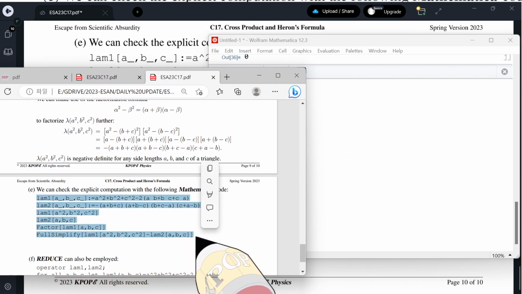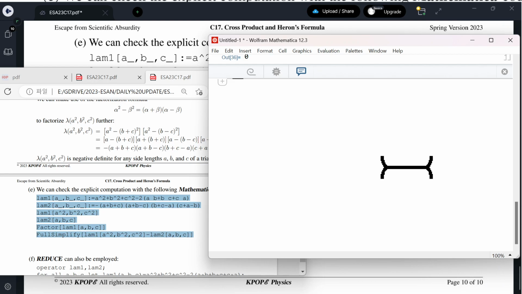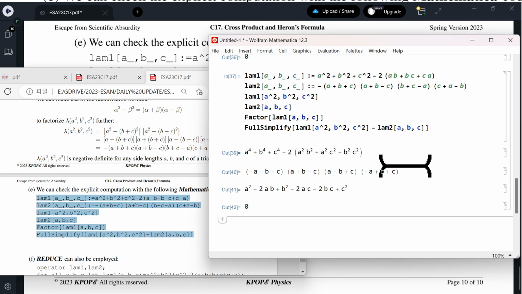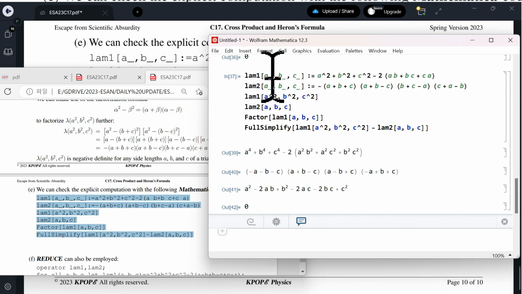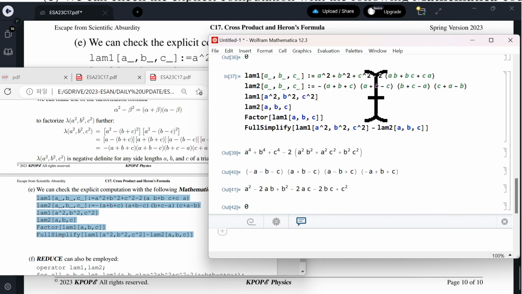Copy the program, Control C and Control V. Shift plus Enter. Okay, this is the definition of Heron function, and the lam2 is the factorized form that is displayed in the lecture note.